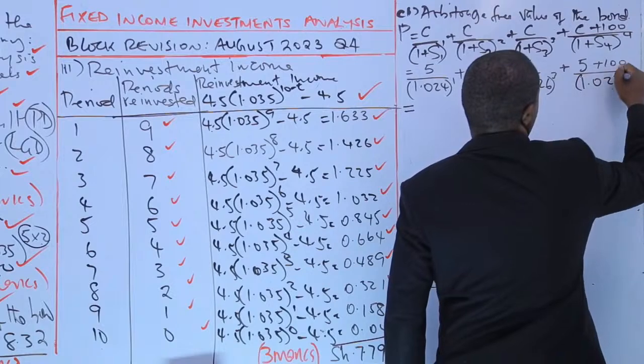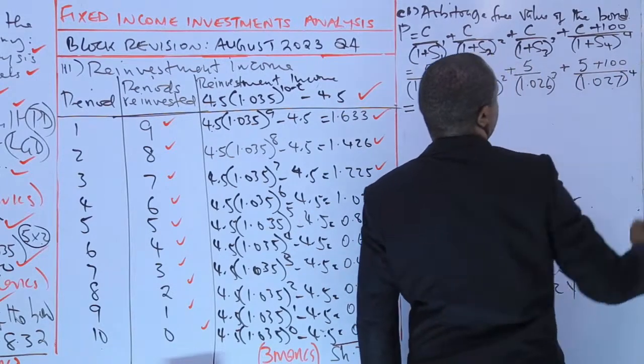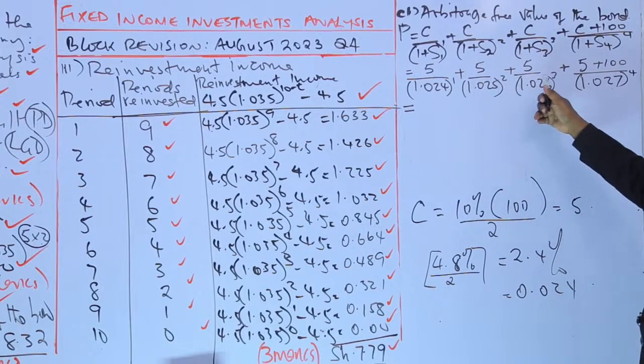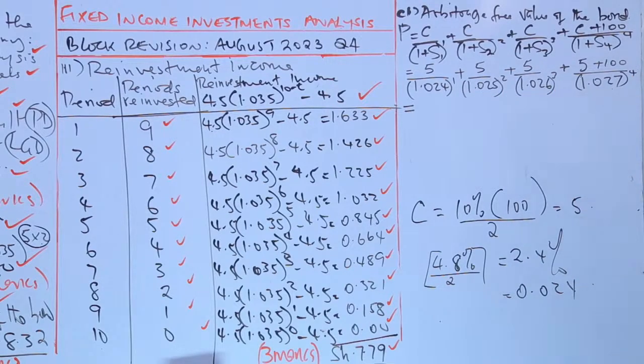So this is raised to 4, and the exponents are 1, 2, 3, 4. So I'm going to punch in all this, then we get the answer.